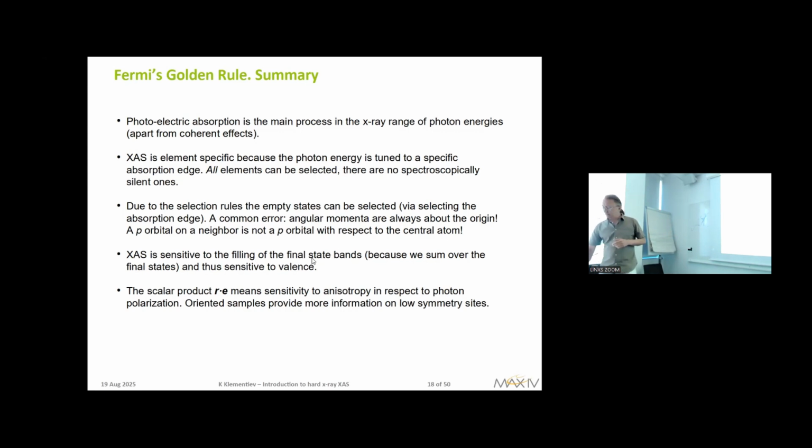When we consider the edge itself, it means we are sensitive to the valence of the elements. Also, you saw in that formula the scalar product of R times the polarization vector, which means we have some anisotropy with respect to polarization of X-rays. If our samples are anisotropic, we can rotate them around the polarization vector. Right, I move on.